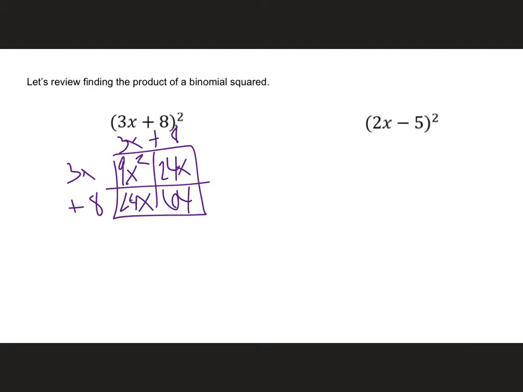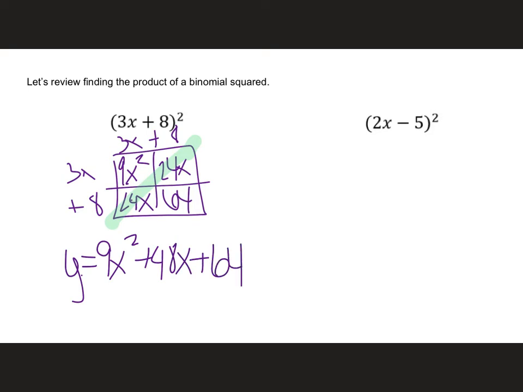And remember when we talked about this in class that these two diagonals, when we're talking about perfect squares, should always match. So it should be two of the same value. So when we go to write our final form, we would have y equals 9x squared plus 48x plus 64.